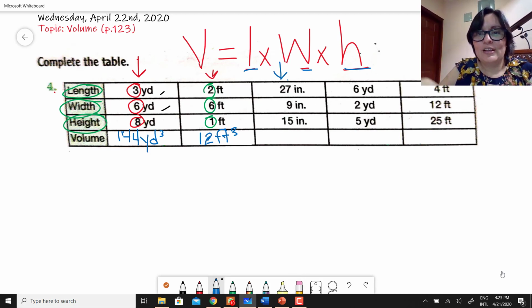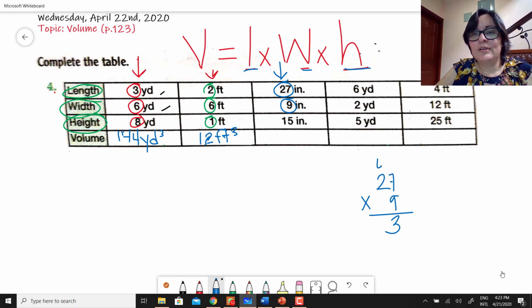So let's do it apart. 27 times 9. 9 times 7, 63. 9 times 2, 18 plus 6, 24. Okay, but look, here we multiply 27 times 9. Now we have to multiply the result times 15. That means that we have to multiply 243 times 15.